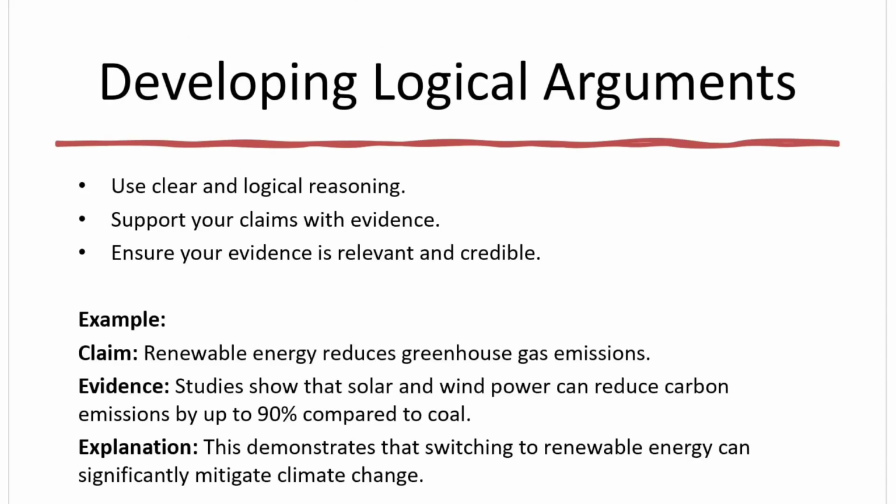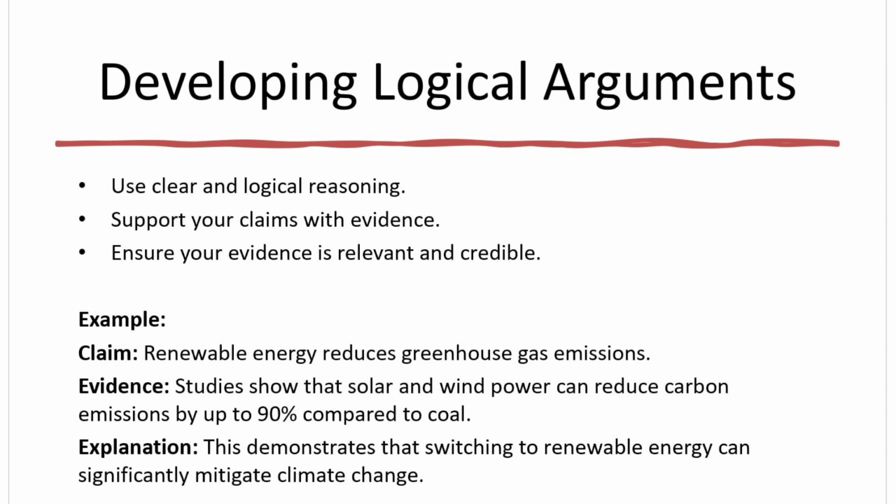Developing logical arguments. Developing logical arguments is crucial for persuading your readers. Your arguments should be clear and logically sound, meaning they follow a coherent line of reasoning that makes sense. Support your claims with evidence. This can include facts, statistics, expert opinions, and real-life examples. Ensure that your evidence is relevant to your argument and comes from credible sources.